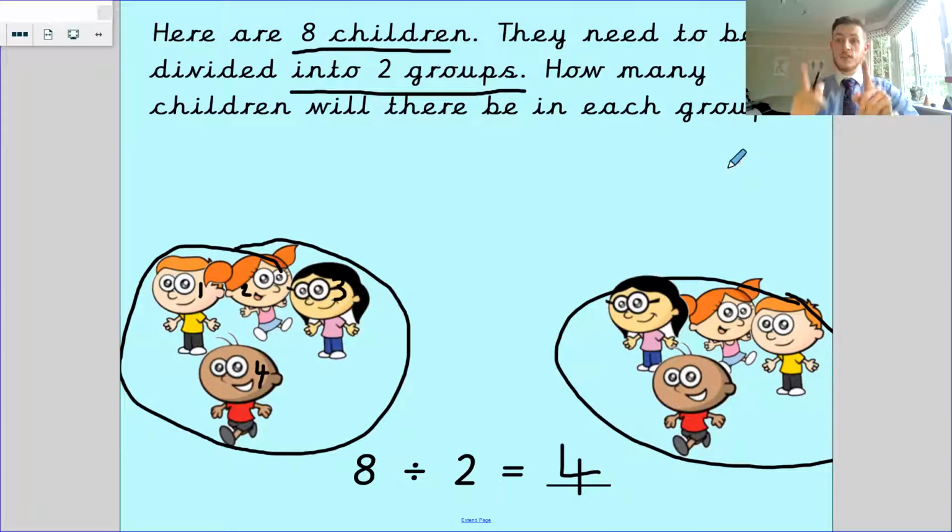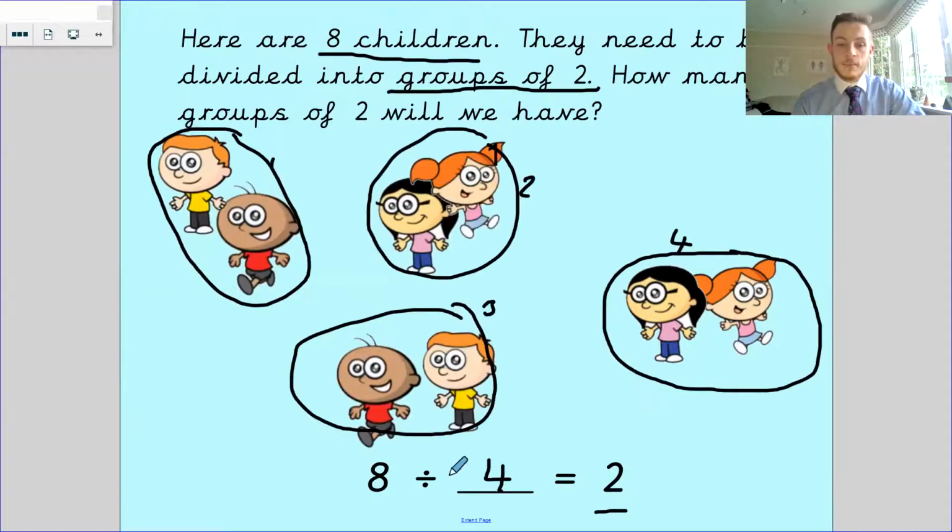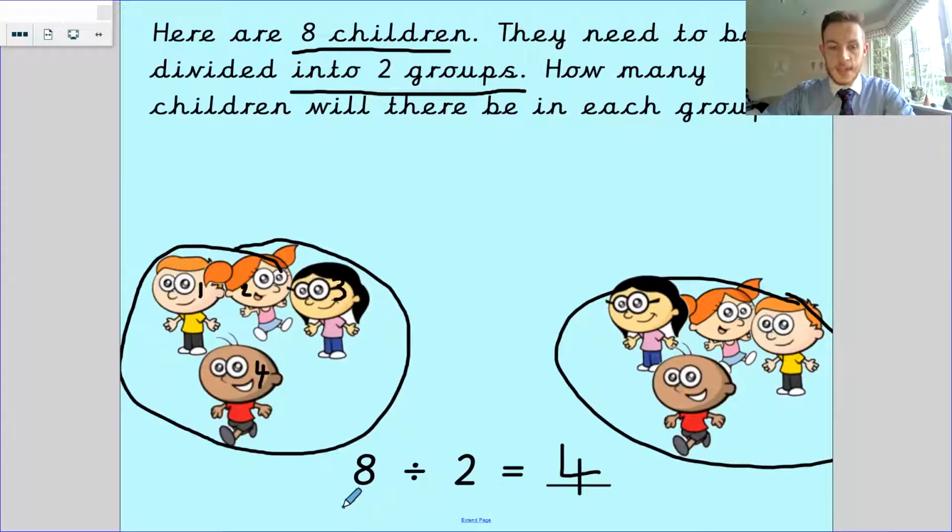You'll notice that even though it was a different question, it's the same answer. I've just swapped these 2 numbers over. This number and this number are the ones that can swap over. The total amount that it starts with does not swap. So 8 children I started with, 8 children I started with. How many groups?